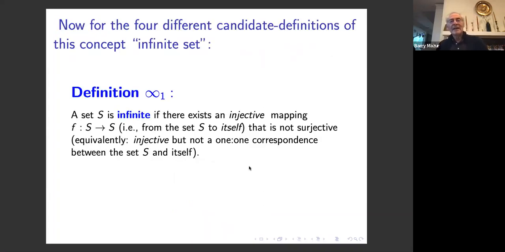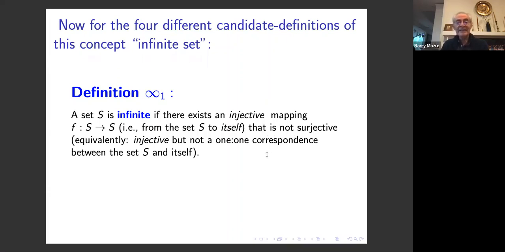Okay. All right. Now, here are the 4 different candidate definitions of this concept infinite set. The first one, a set is infinite if there exists an injective mapping of it to itself that is not surjective.